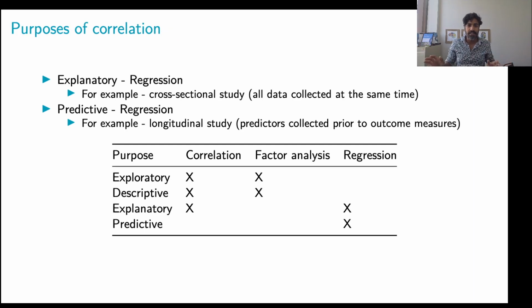So the purposes of correlation: it's exploration and descriptives. You explore the relationships between variables. You're trying to describe the relationships that are occurring between variables, and in some cases you're trying to explain the relationship between variables.